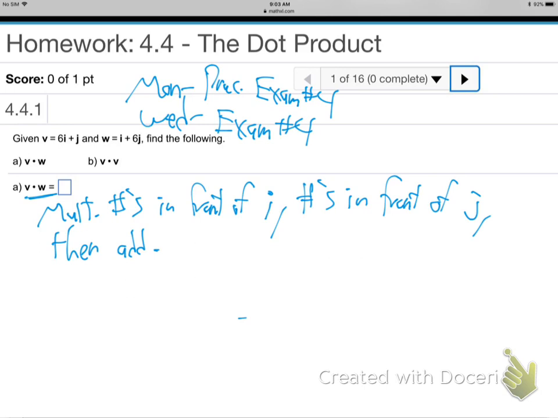So that's it. In other words, if you have ai plus bj, let's say, dot, that means dot.